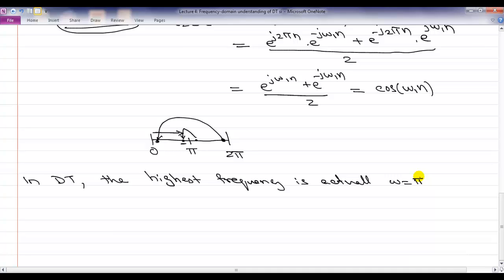Okay? But that will just be equal to a frequency of 0 radians per sample. So the highest frequency that you have in the discrete world is omega equal to pi. The fundamental region that you should worry about is 0 to pi.